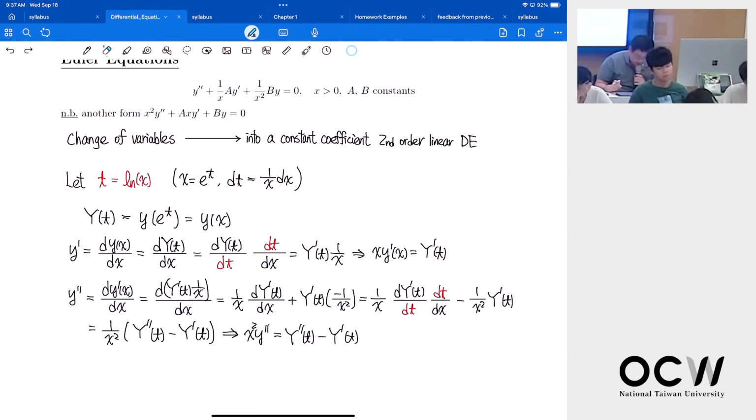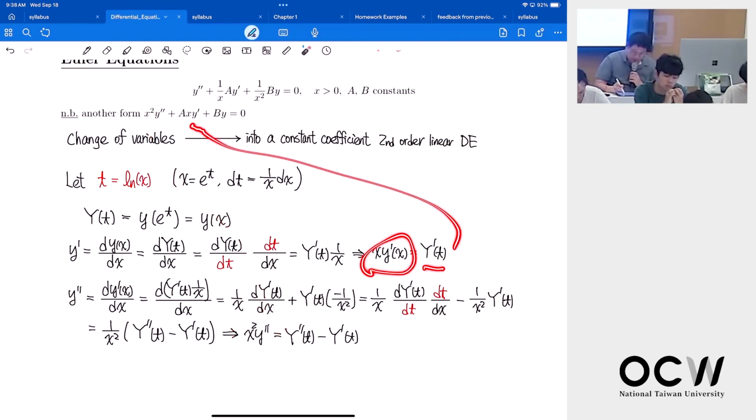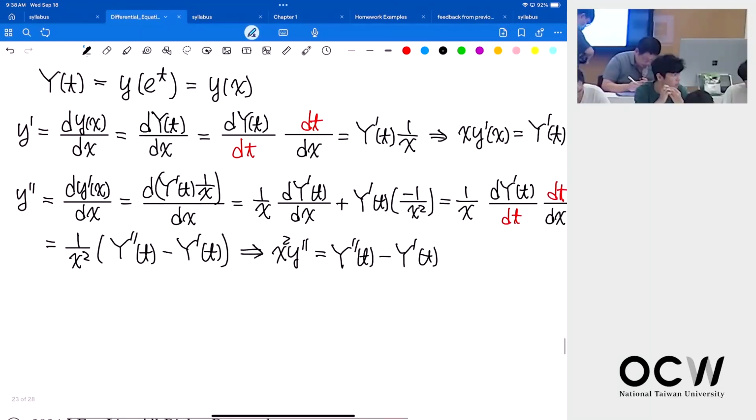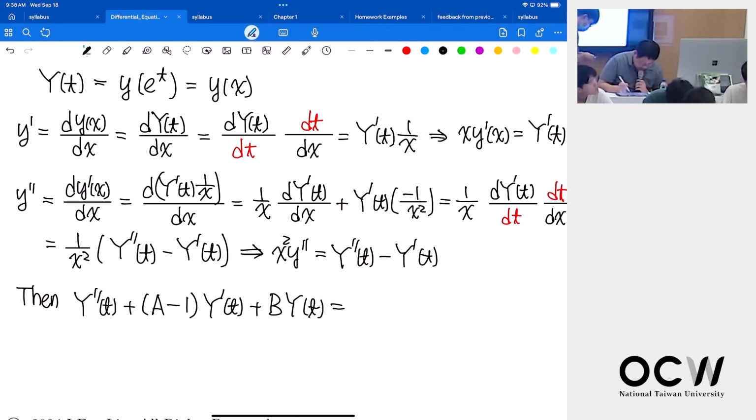Now let's see. In x squared y double prime, I can substitute y double prime minus y prime, and x y prime will be y prime. So now let's change that, and we get y double prime plus (a minus 1) y prime plus b y equals 0.